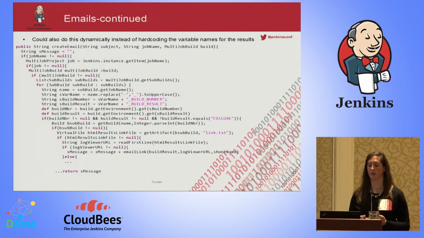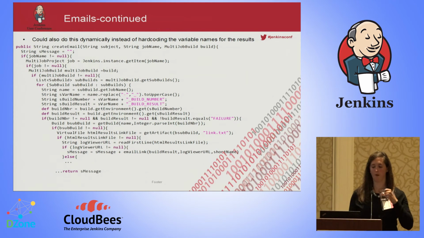And then you can essentially, because it's a known format, that those environment variables for the downstream jobs are created with build result and build number appended to them. That's just the standard convention for Jenkins. You can essentially dynamically create this email, and then this works for any of your acceptance jobs or any of the build jobs because you're not hard coding to those specific environment variables.